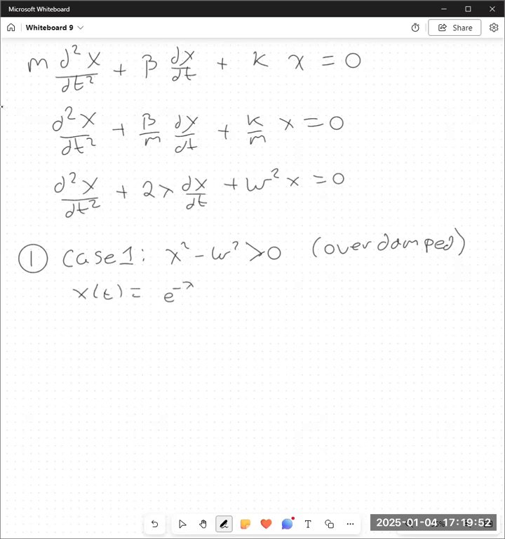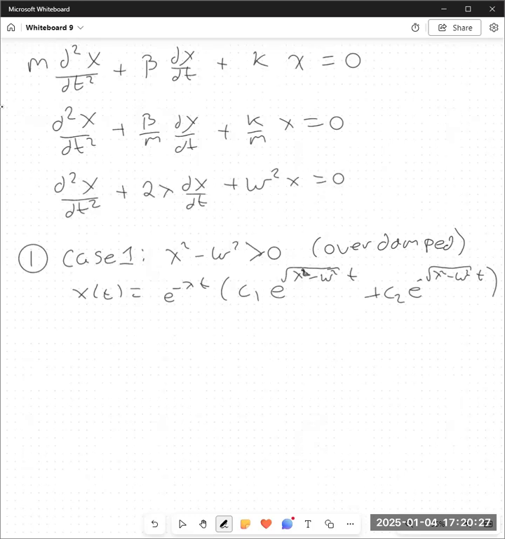It's e to the negative lambda t times c1 e to the square root of lambda squared minus omega squared t plus c2 e to the negative square root of lambda squared minus omega squared t. And remember, I'm going to multiply like bases, and I'm going to add my exponents when I do that.